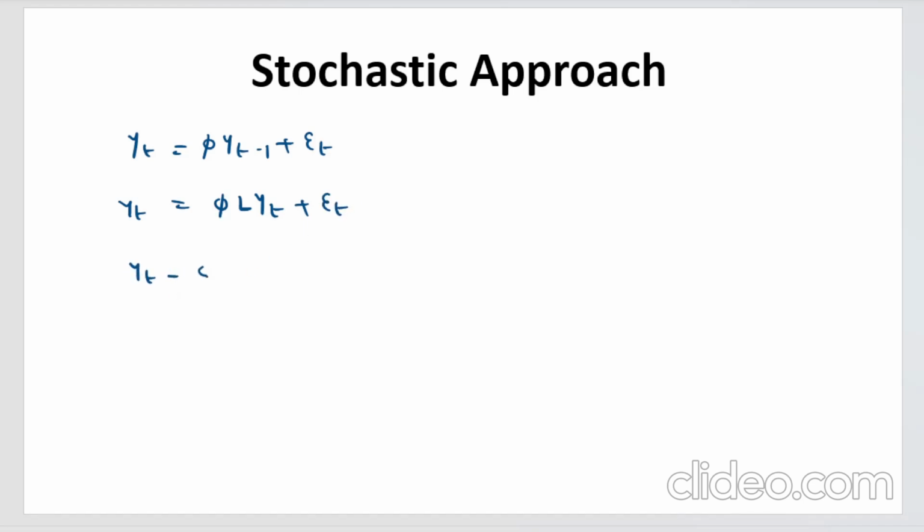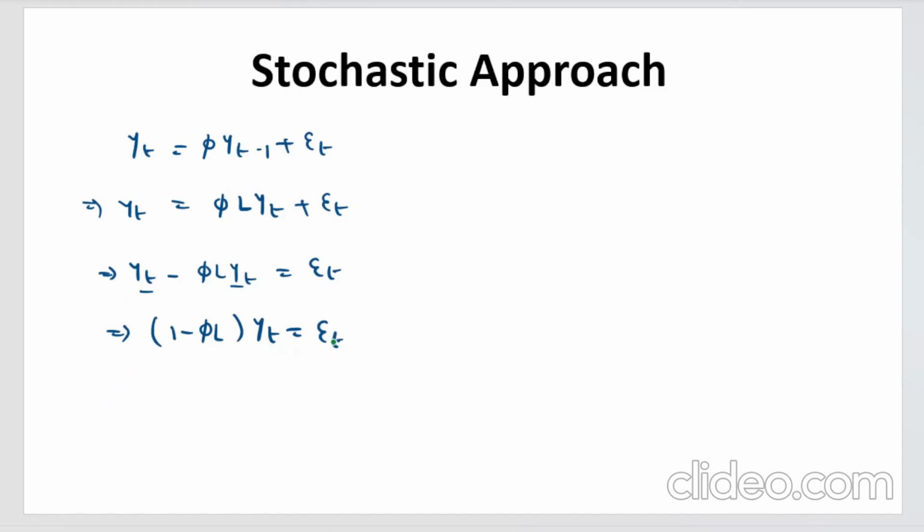Now take this on the left hand side: yt minus phi L yt equals epsilon t. Now what you can do is take this yt common. So what you have is 1 minus phi L, times yt, equals epsilon t, right?